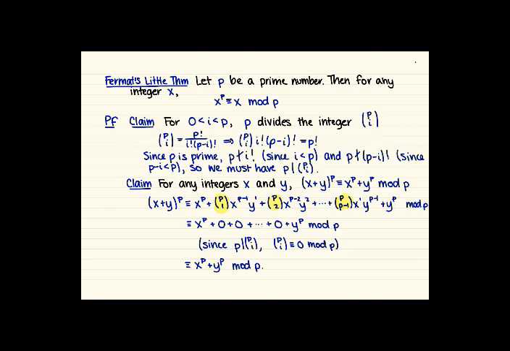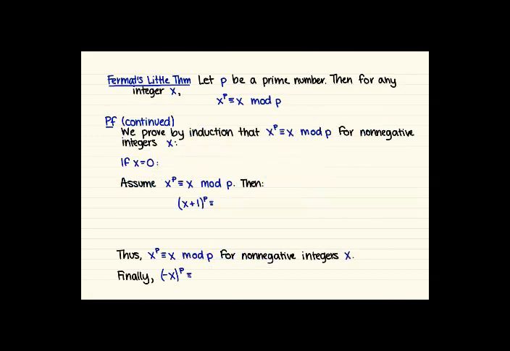We've proved those two claims, but we're not done with the proof of Fermat's little theorem yet. To finish this up, we're going to use induction on x to first show this for non-negative integers x, and then at the end we'll finish this up for negative integers to complete the proof. For induction, we're first going to establish our base case.